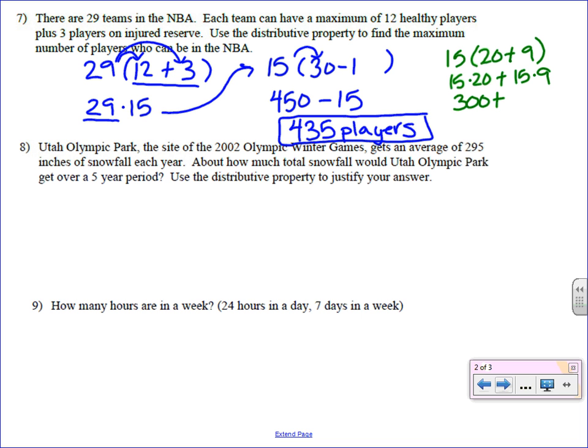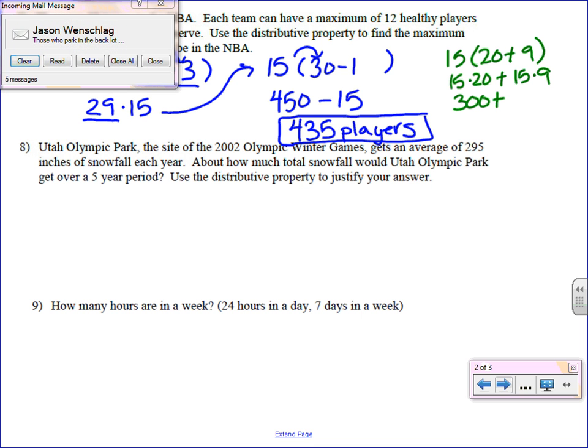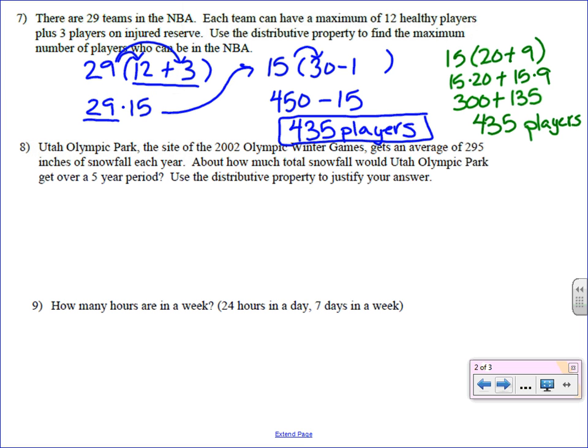And then 15 times 9, you could break up as 10 times 9 is 90, and 5 times 9 is 45. So I have 90 and 45 is 135. And that's 435 players again. Same answer, different ways of getting it.